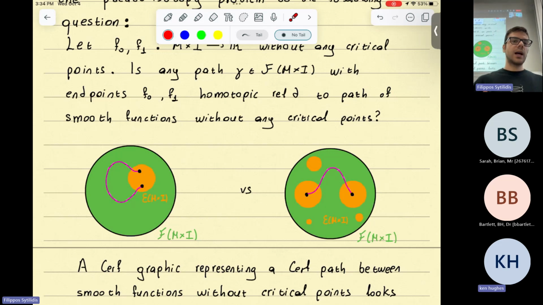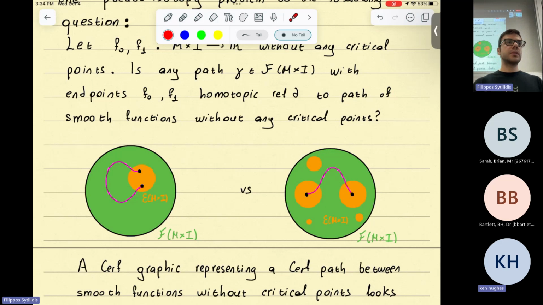And what I'm saying is that basically what I want to do is start with a path of smooth functions, and I want to simplify it as much as possible. Eventually, I want to simplify it enough so that I get a path without critical points.